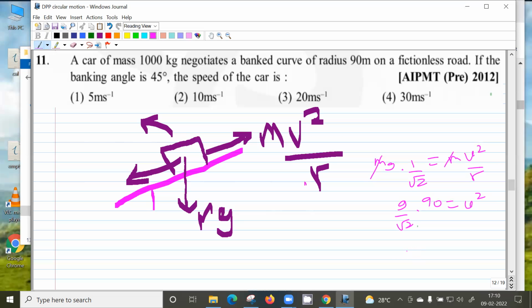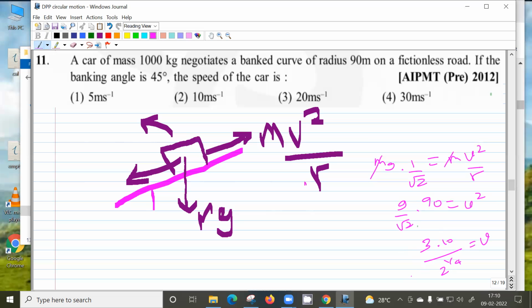Why is the mass and the speed of the car given? So it is 90 minus 3 into 10 into 10, 10 divided by 2 raised to the power 1 by 4.